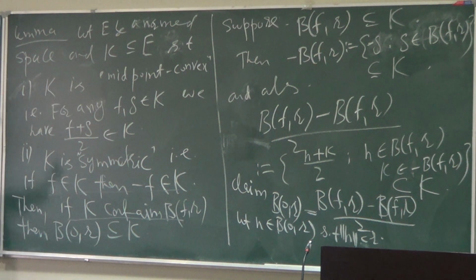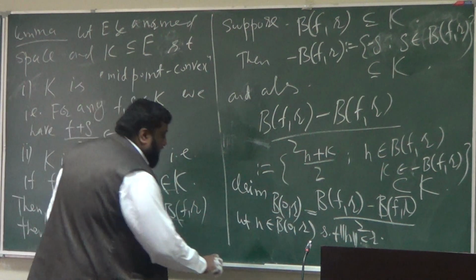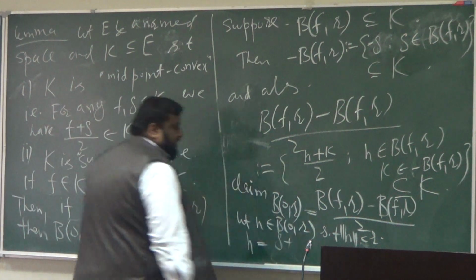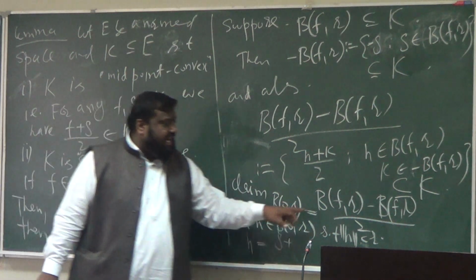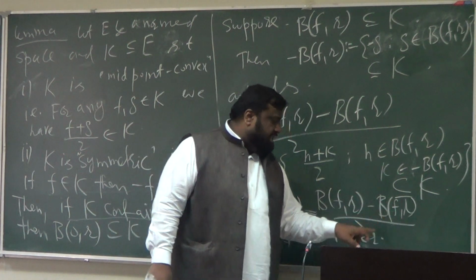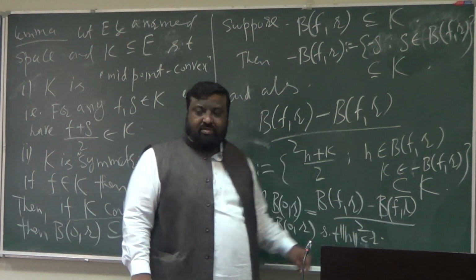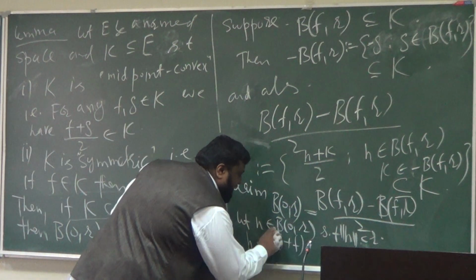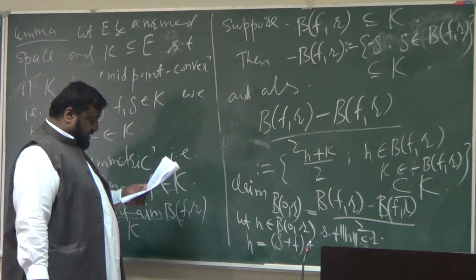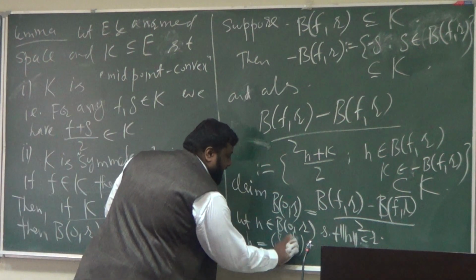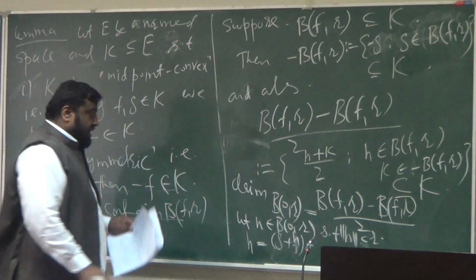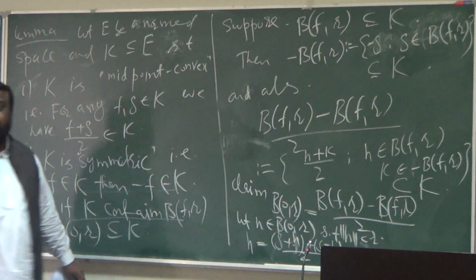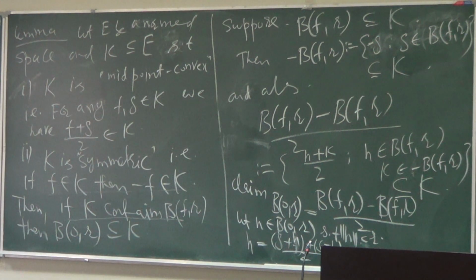Right. Then H can be written as this actually. So can I express H as an element of this plus this over 2? Okay. So here's the interesting thing. So G plus H minus G minus H divided by 2. Okay?